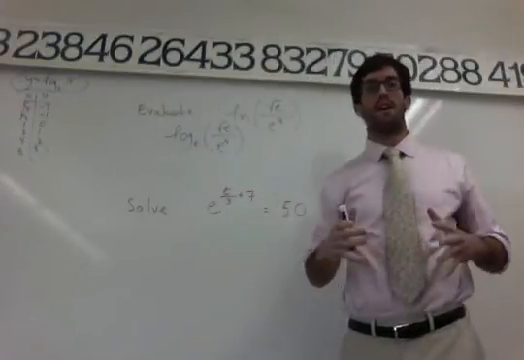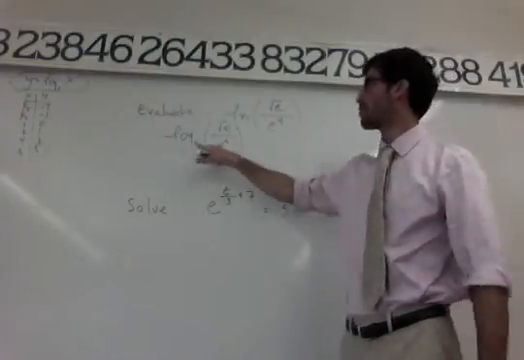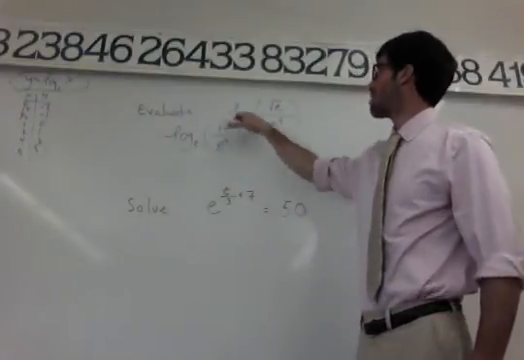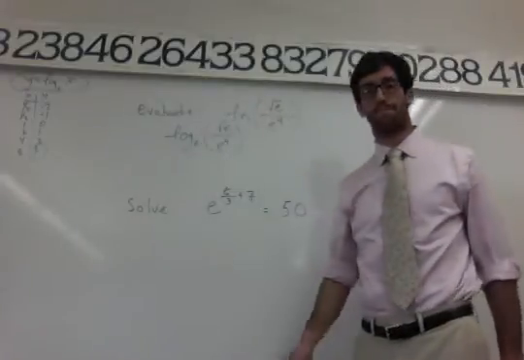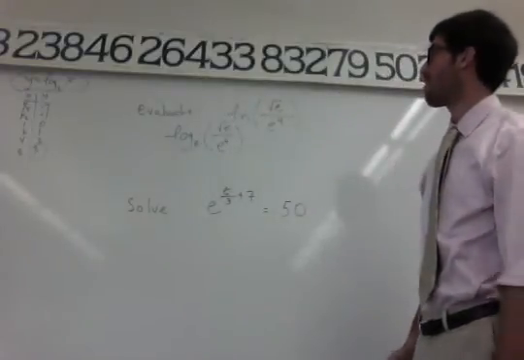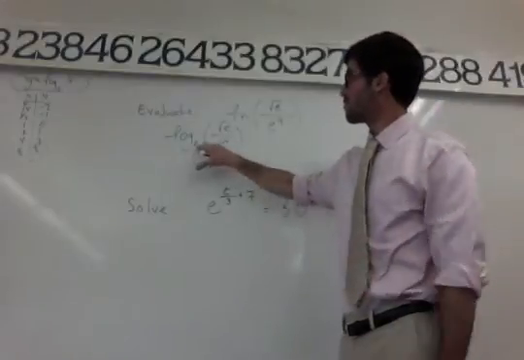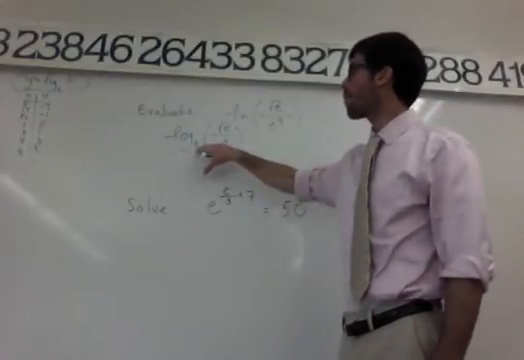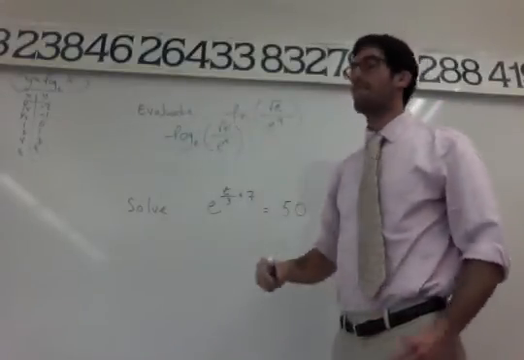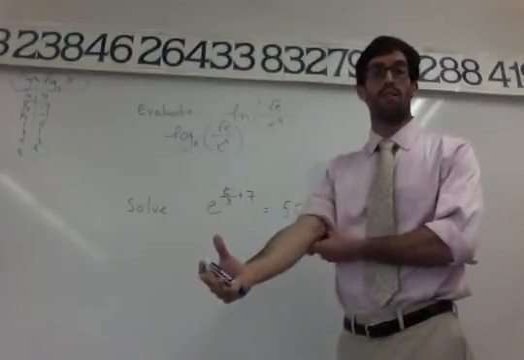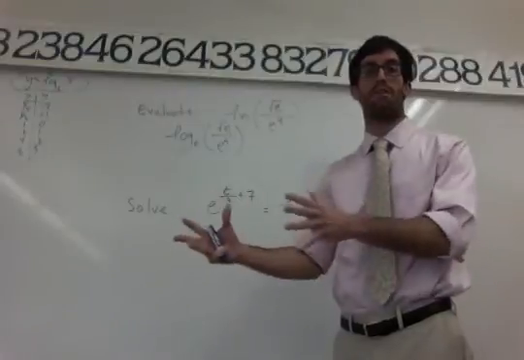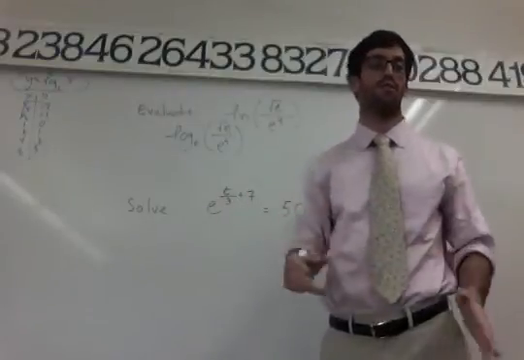If you're more comfortable seeing the base actually written there, you're welcome to change natural log into log base e. They mean the same thing, okay? So this is asking us, e to what power is this? That is generally how you always want to consider rewriting from logarithmic form to exponential form.